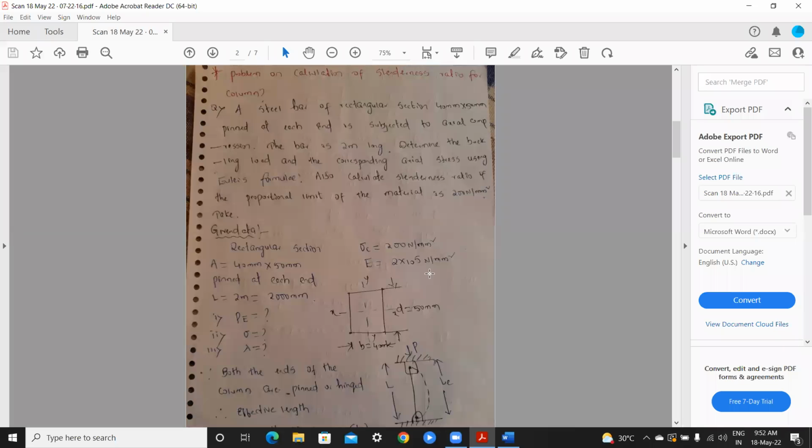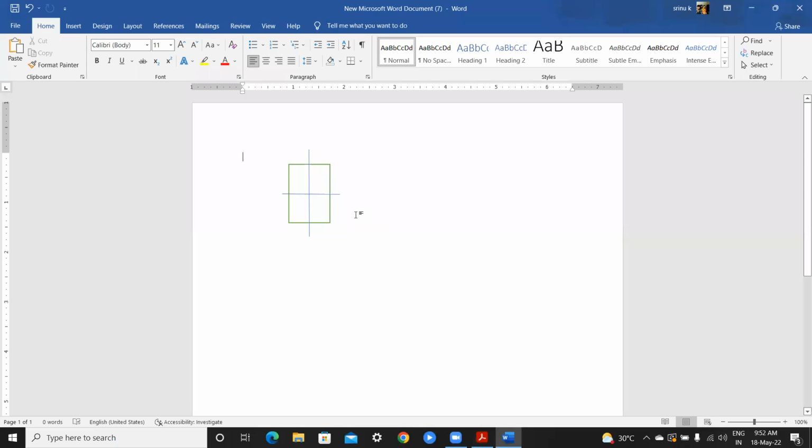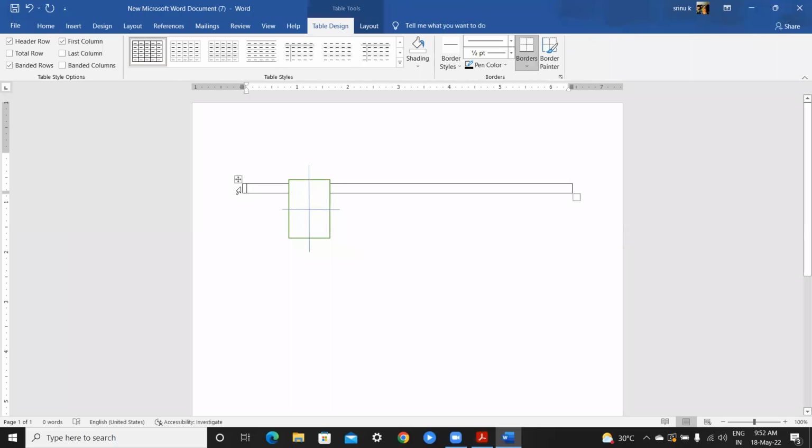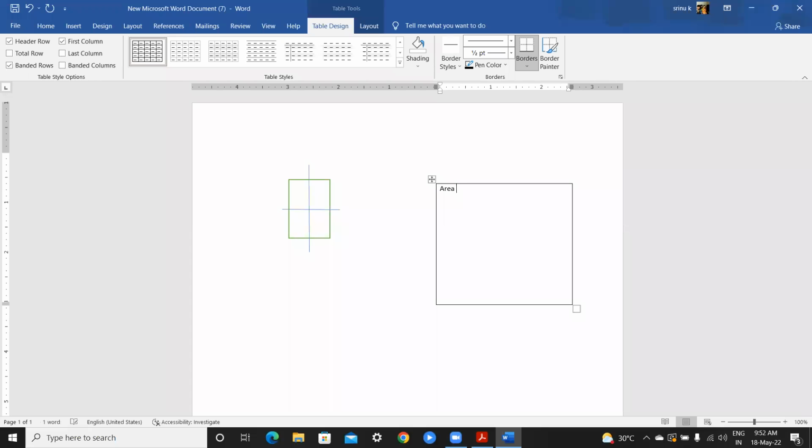If we are calculating the x section and y section, a steel bar of rectangular section 40 mm into 50 mm, so the area is 40 mm into 50 mm, in the given data.